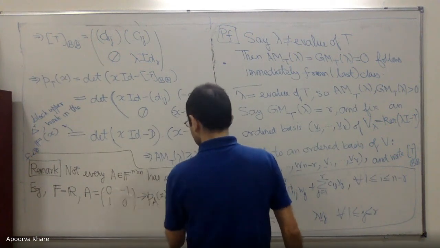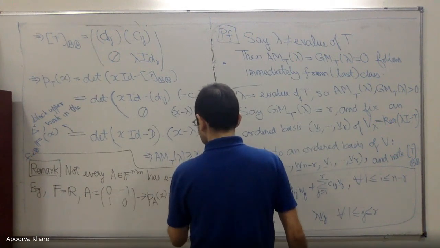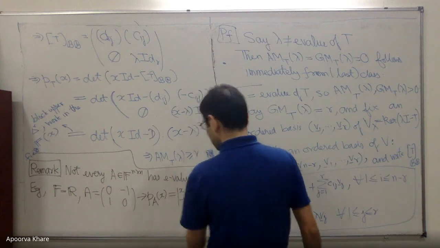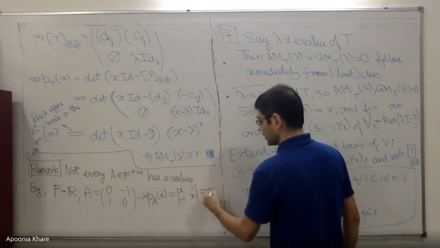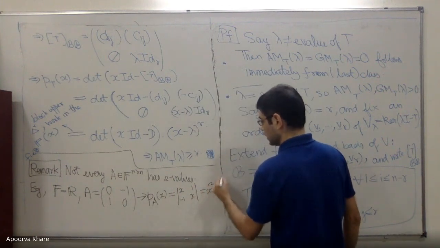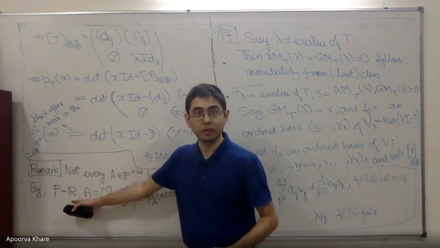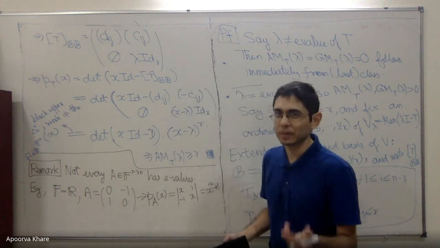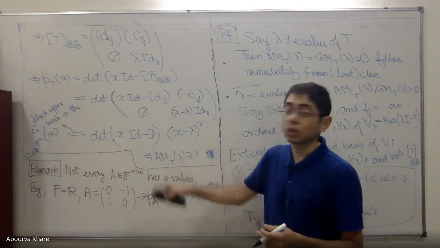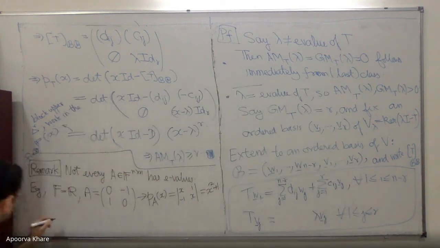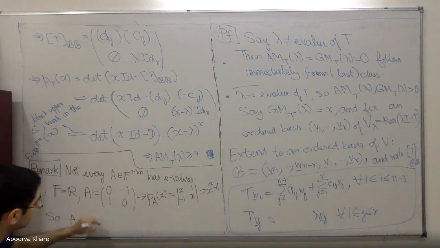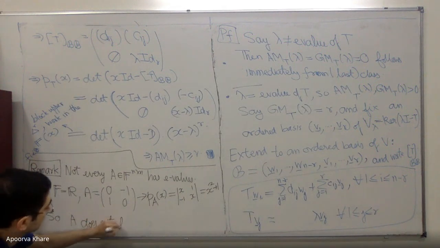You can check it is x, 1, minus 1, x, the determinant of that, which is x squared plus 1. And of course, x squared plus 1 does not have any roots in this field. Of course, it has roots in the complex numbers, i and minus i, but not over R. So A does not have real eigenvalues. Of course, it has complex eigenvalues.